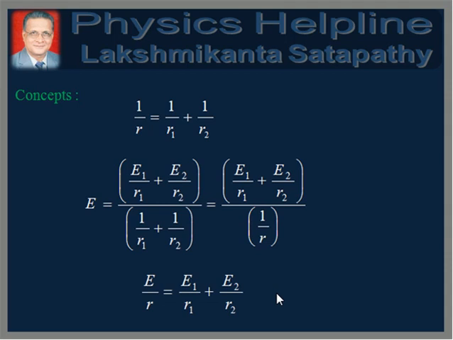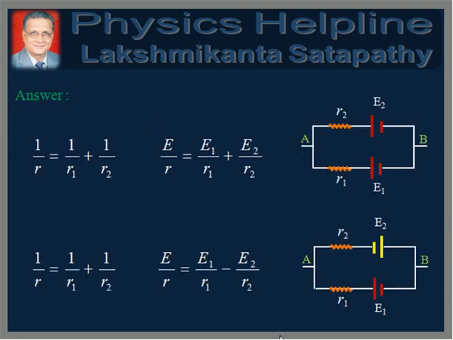That we will do in our problem. Now for the answer. In the first figure, we have shown parallel combination of E1 and E2 with polarities identical. Therefore, these are the relations that we have already derived: 1 by R is equal to 1 by R1 plus 1 by R2 and E by R is equal to E1 by R1 plus E2 by R2.